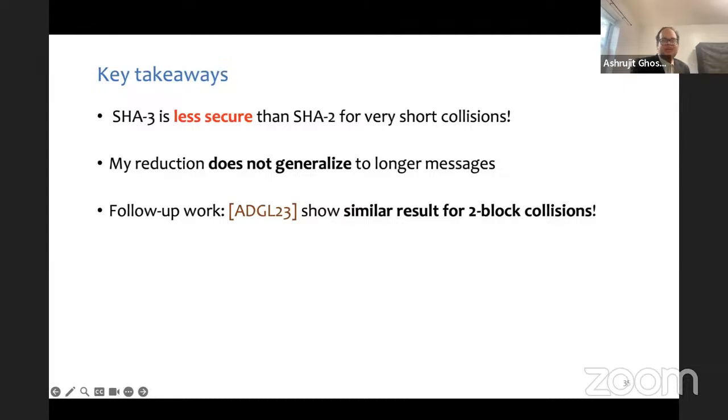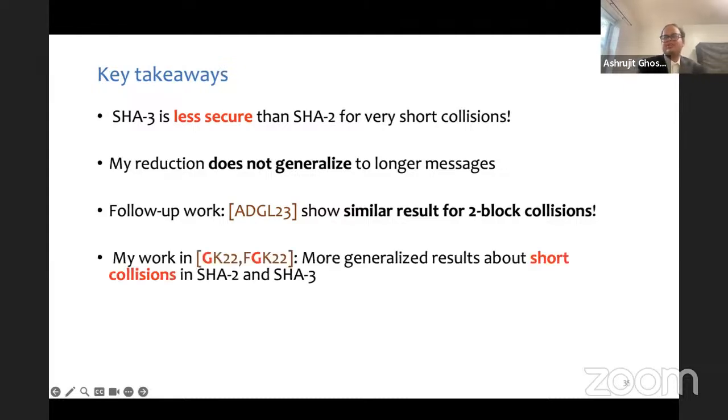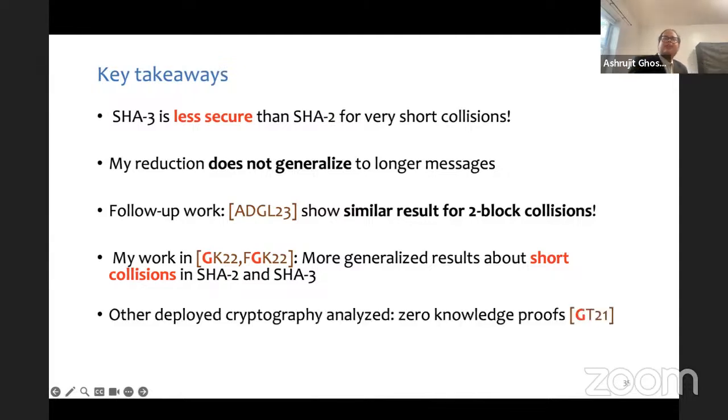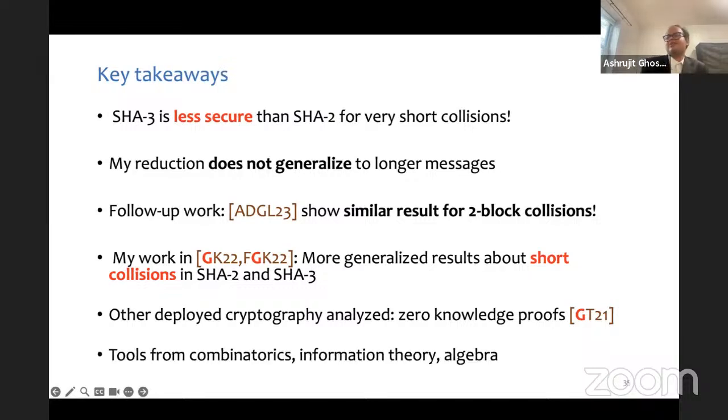I've also several other generalized results about short collisions in both SHA-2 and SHA-3, but due to interests of time, I'll not be talking about them here. Another area of cryptography where I've given improved analysis is zero-knowledge proofs that are deployed in cryptocurrencies like Monero. And to get these results, I've used tools from areas ranging from combinatorics, information theory, algebra, etc.